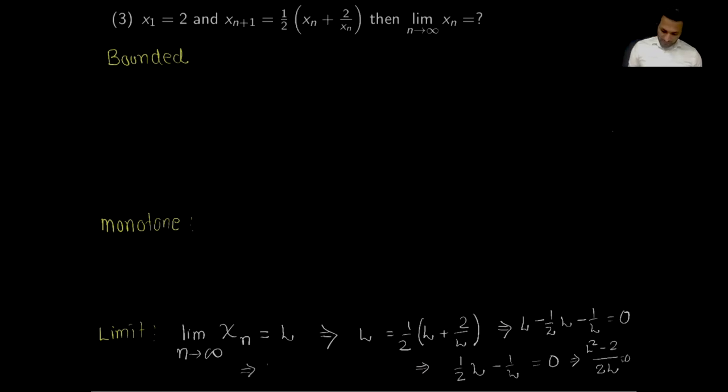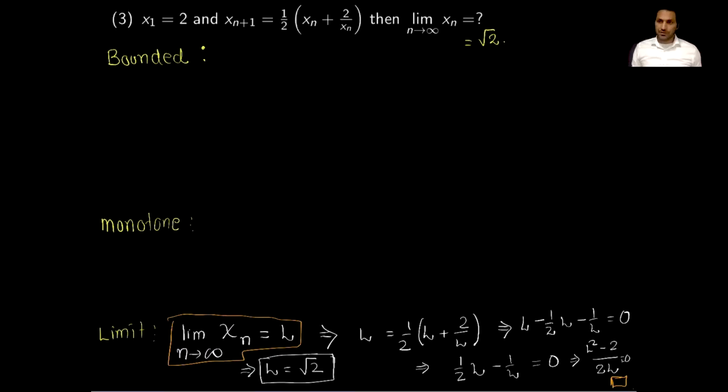Therefore, L can be plus or minus square root of 2, but each term of the sequence is positive, so I can safely say that this limit must be square root of 2 only. So my claim is this is square root of 2.